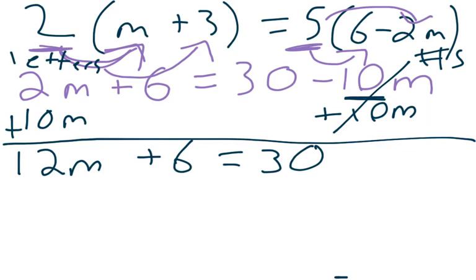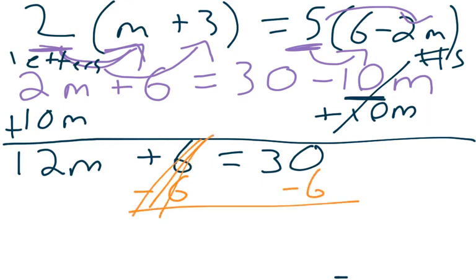So now I have an m and a 6 on my left side and a regular 30 on my right side. So I want to get 6 to be over there with the 30. So I'm adding 6. How do I move it over to the other side? I've got to do the opposite. So the opposite of adding 6 is subtracting 6.